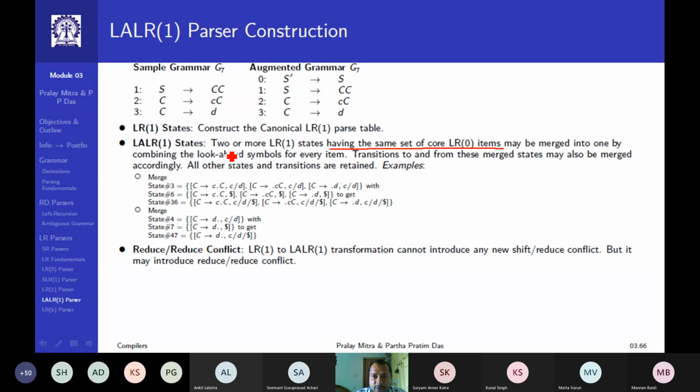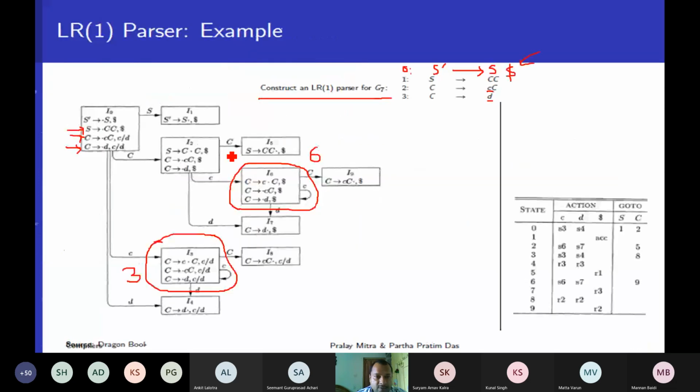I'm going to the previous slide. For state 3, the look ahead information was C or D, and for state 6, it was dollar. Since the core LR0 items are the same, if I am allowed to merge states 3 and 6, then I can write C or D or dollar.